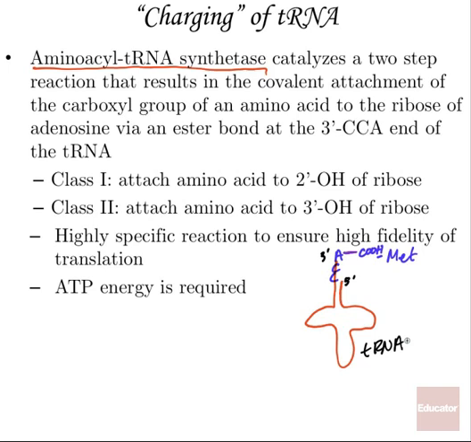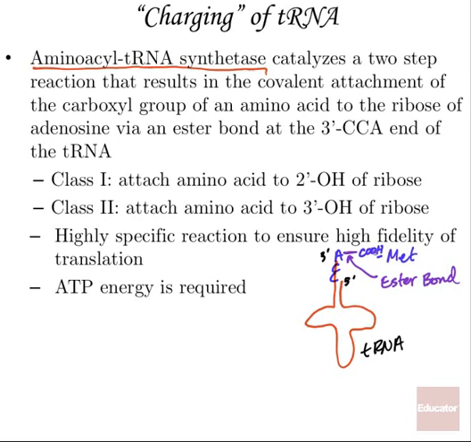So we have an ester bond, our covalent attachment, right here. It's an ester bond between the ribose of the adenosine found on the 3' end of the tRNA and the carboxyl group of, in this case, methionine, but it can be any amino acid.